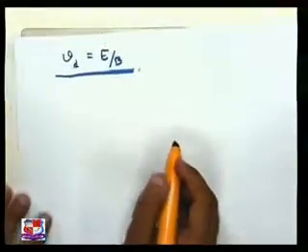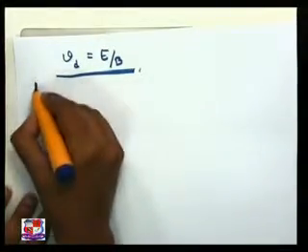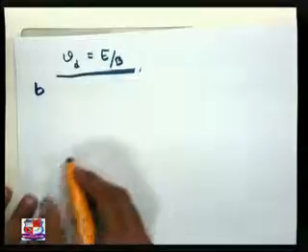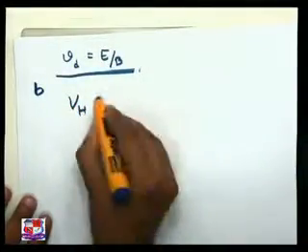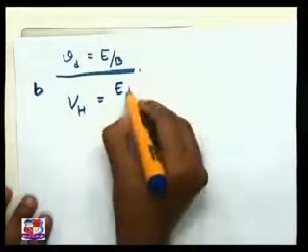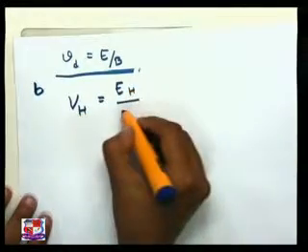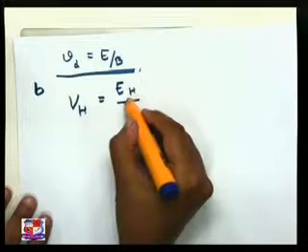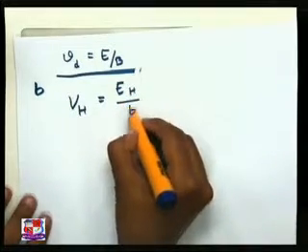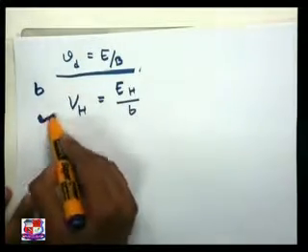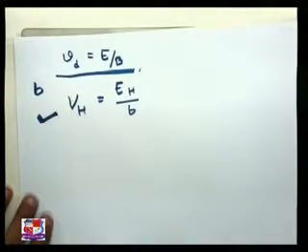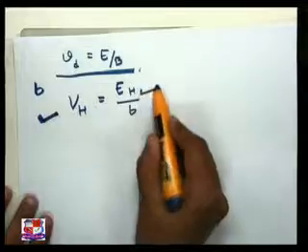Now if the width of the material is d, then what can you say about the potential that is generated, and what can you say about the Hall field? It is VH equal to EH times d. Am I right? So this is the Hall voltage that is generated, and this is the Hall field.